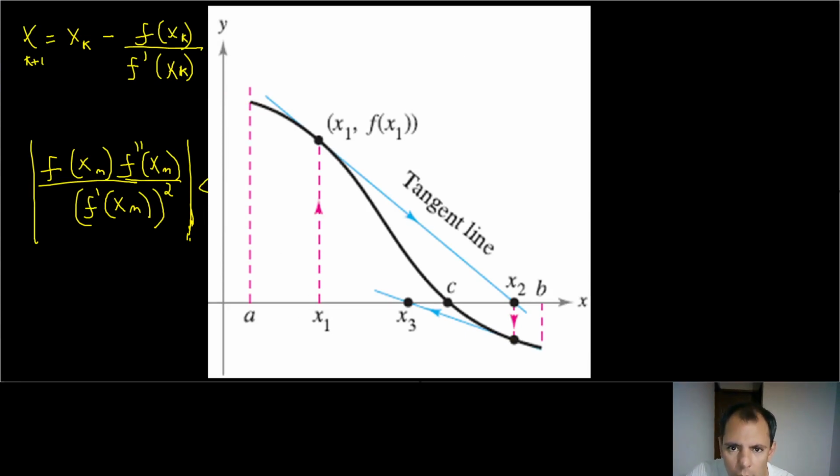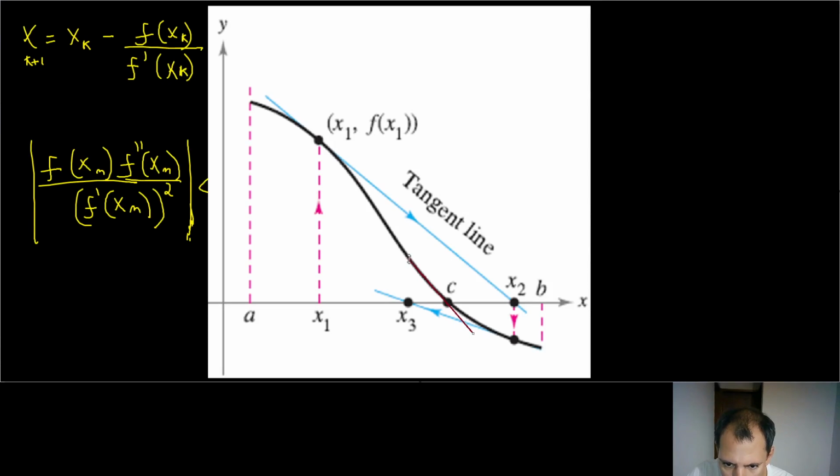Hold on. What I meant was, it starts here at x equals 1, and you get the tangent line and you find x2 here, because that's where the tangent line crosses the x-axis. And then you come over here, find a new tangent line, and you come over here when it's crossing the x-axis again, which is x3. So from here, you're going to get a tangent that's kind of like that, I guess.